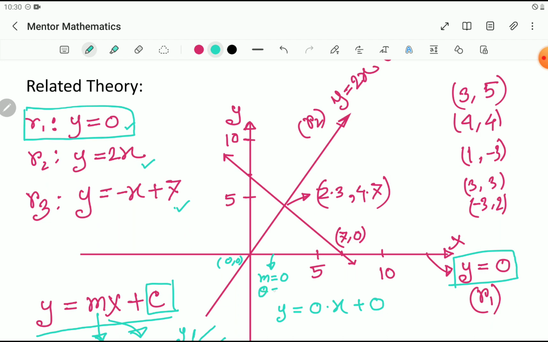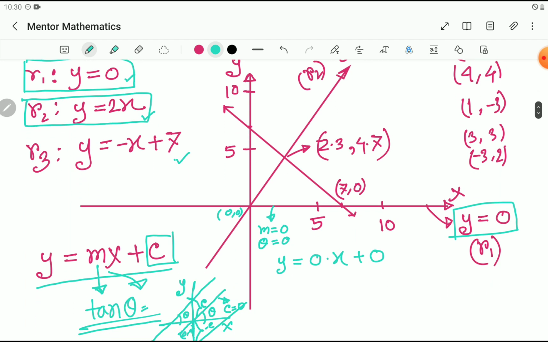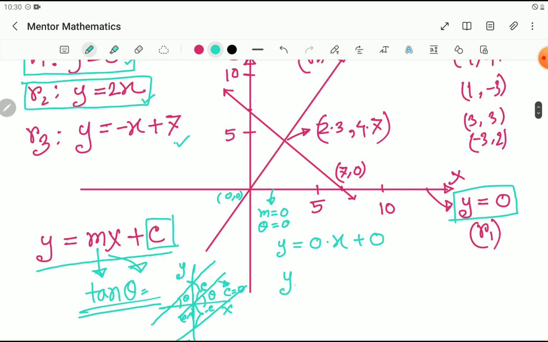This x-axis passes through the 0, 0 point, and it has the slope m equal to 0, or theta also 0. Then our second line, which is y equal to twice x. In this particular problem, y equal to 2x plus c, here c is 0.